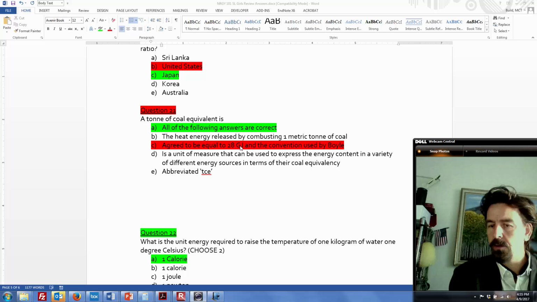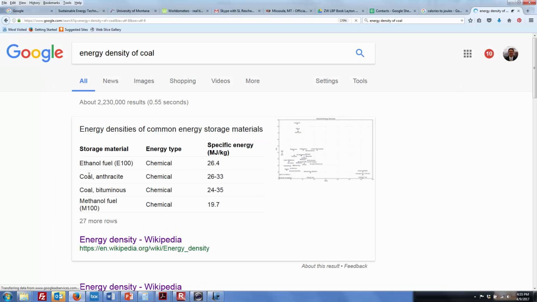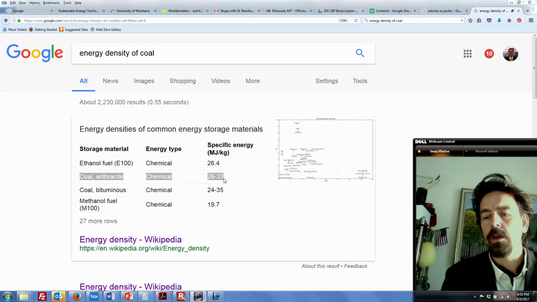It's also 28. Okay, so right here, coal, it's chemical energy, 26 to 33. Very important to know.